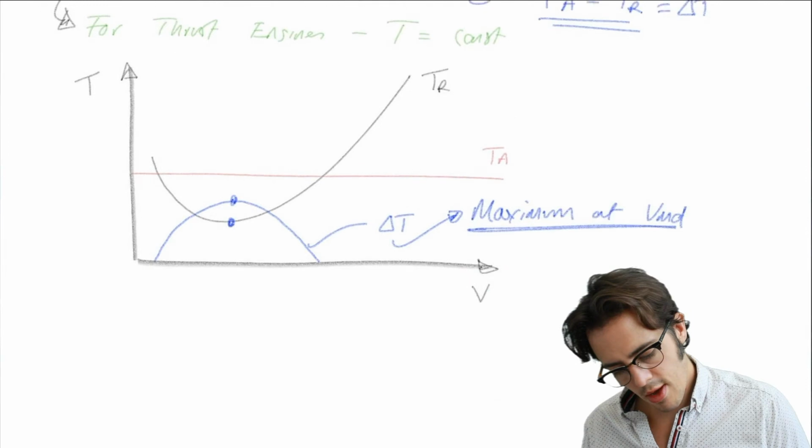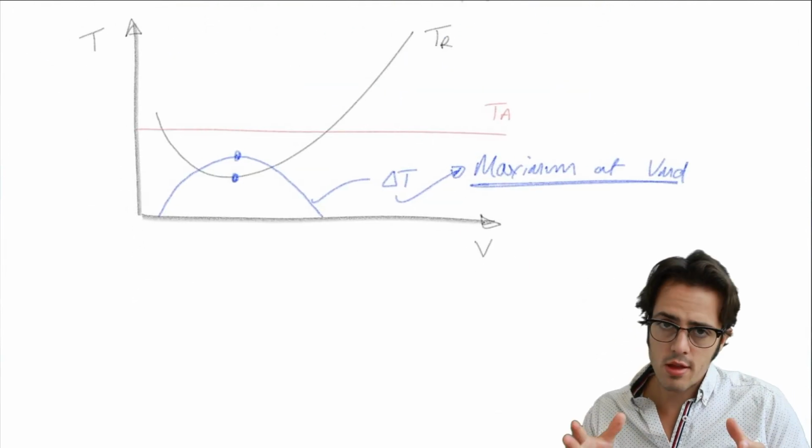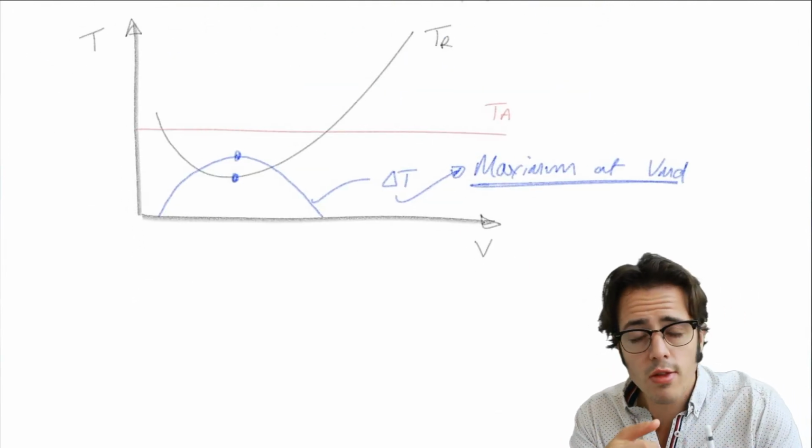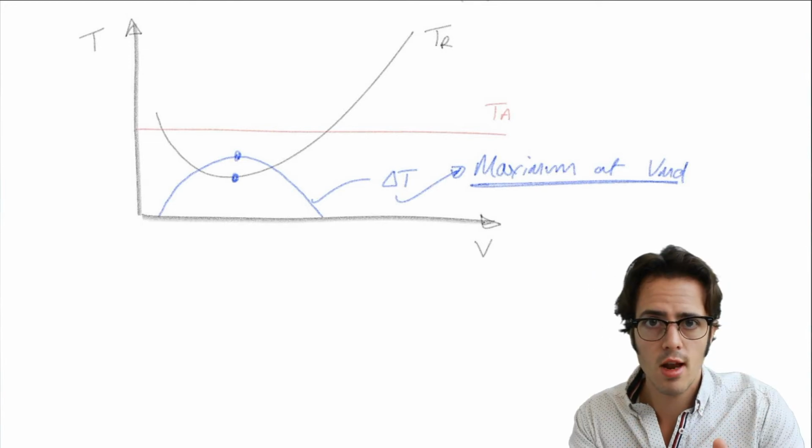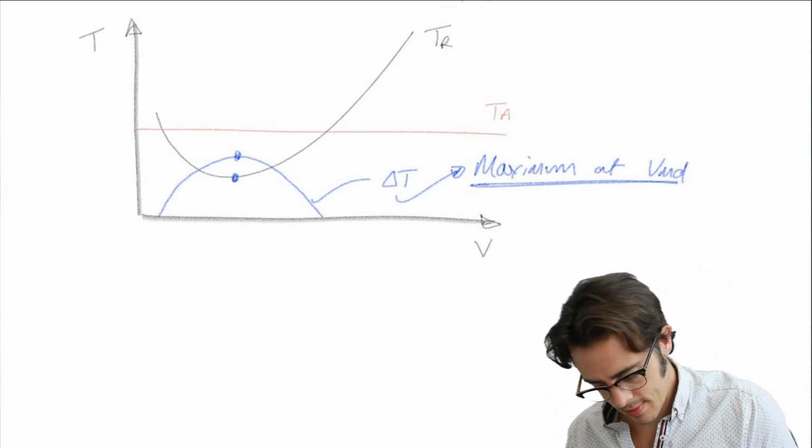So what have we just shown? We've shown that for a thrust engine, which is a pure turbojet or a low bypass ratio turbofan, the highest climb angle is found at the minimum drag speed.